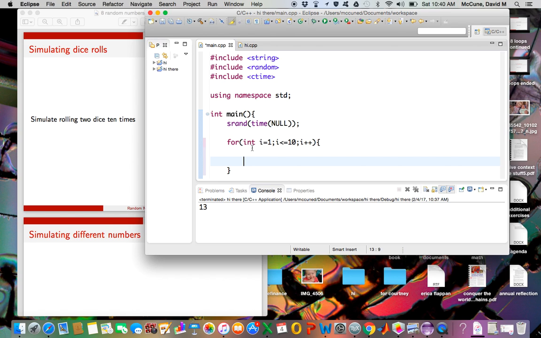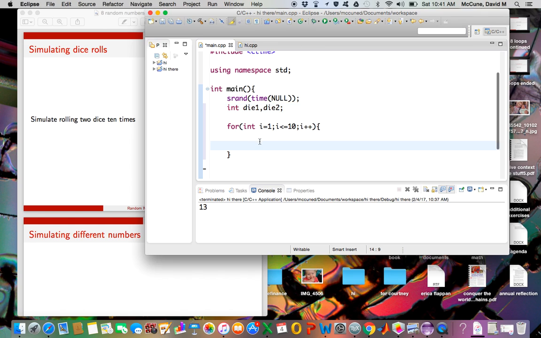Okay, so how could I simulate rolling 2 dice? Let's just roll the 2 dice and see what they look like. So to roll die 1, what does that mean? I need to choose a random number between 1 and 6.